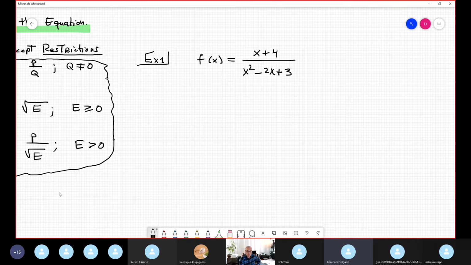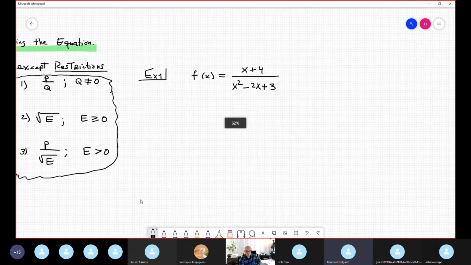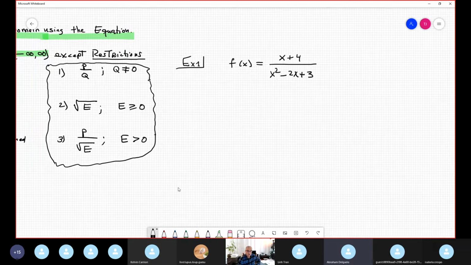So in this case, one of the suppositions is all real numbers except restrictions. And it's obvious that we have a restriction because you are doing division. And you take the expression in the bottom, which is x squared minus 2x plus 3, and you enforce it to be non-zero. Now, how do you solve this inequality?